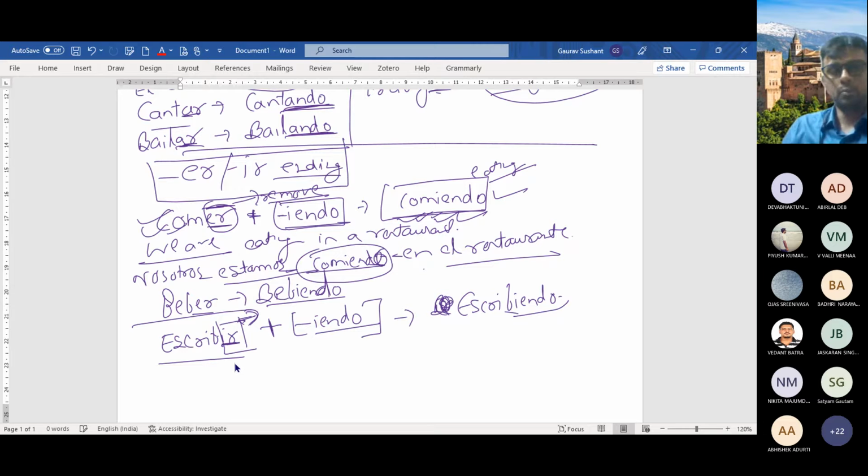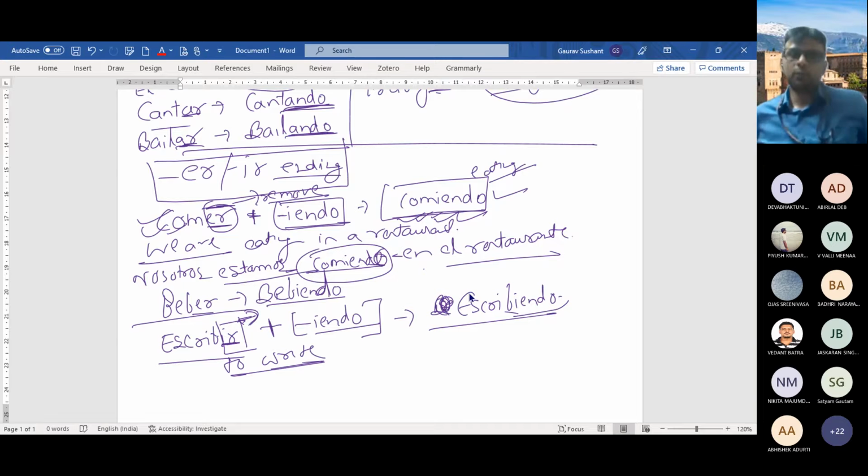Okay, escribir is to write. So it is like writing. So whenever you get an IR ending verb or an ER ending verb, you follow the same rule. And like that you can frame or think of some sentences also.